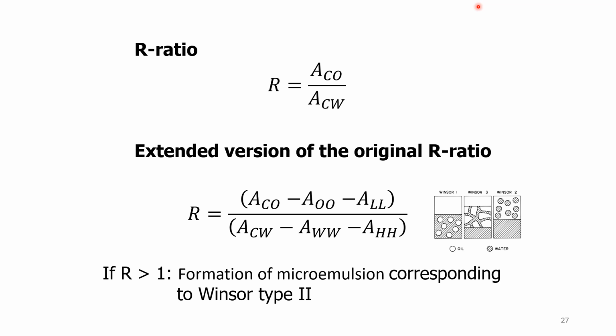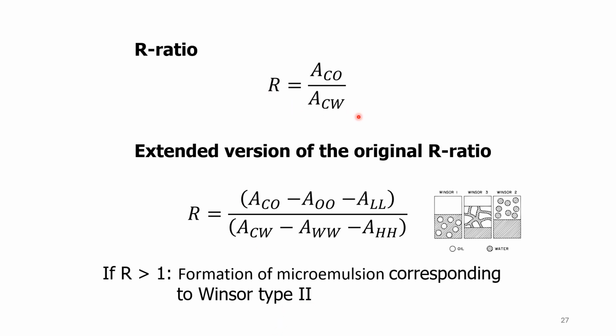If R is greater than 1, the interface tends to increase its area of contact with oil, or decrease its area in contact with water. Therefore, oil tends to become the continuous phase, and the formation of microemulsion corresponding to type 2, that is Winsor 2, will be found. Similarly, the balanced interfacial layer is represented by R equals 1.